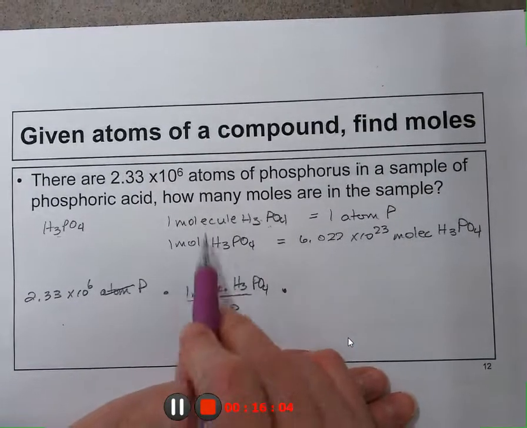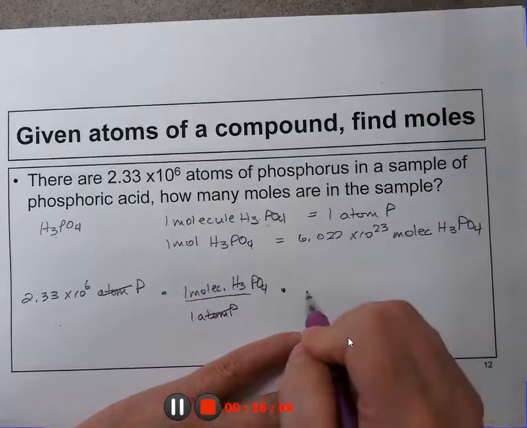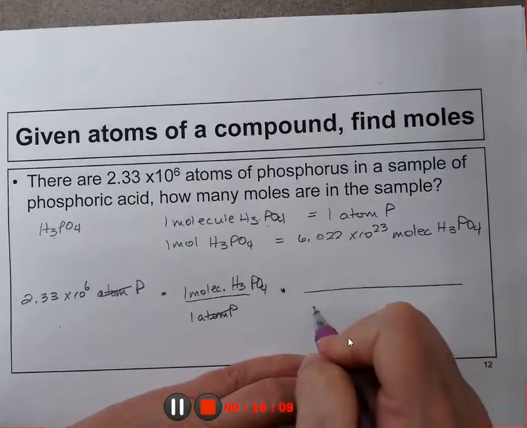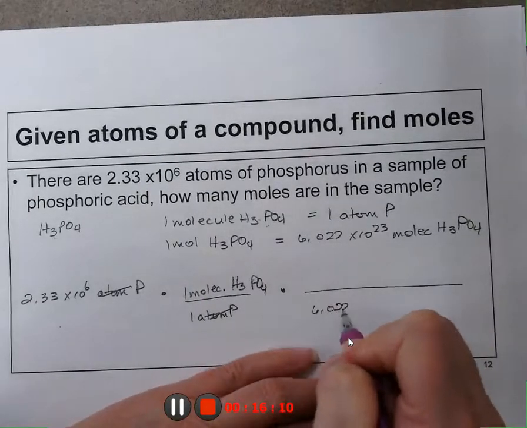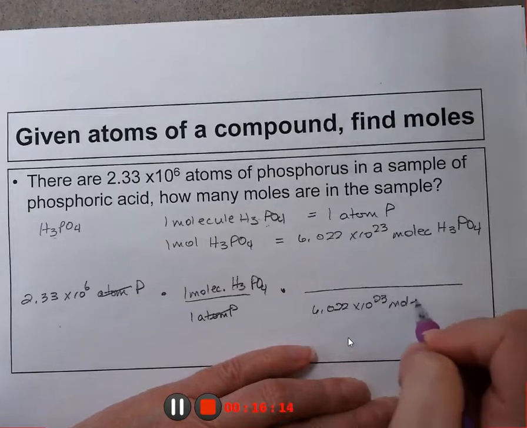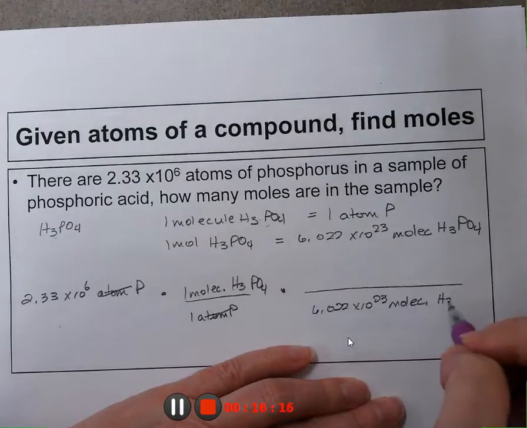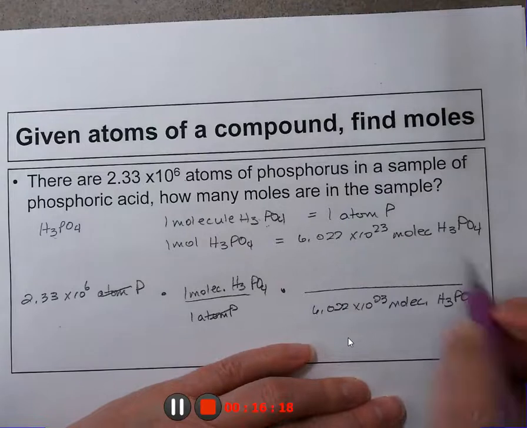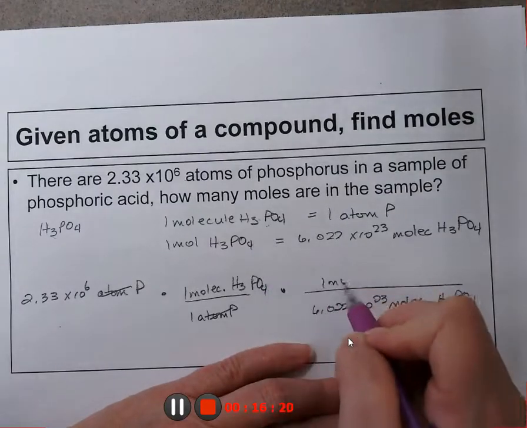So now I need molecules to cancel, so I'm going to have to put Avogadro's number on the bottom. And then mole on top.